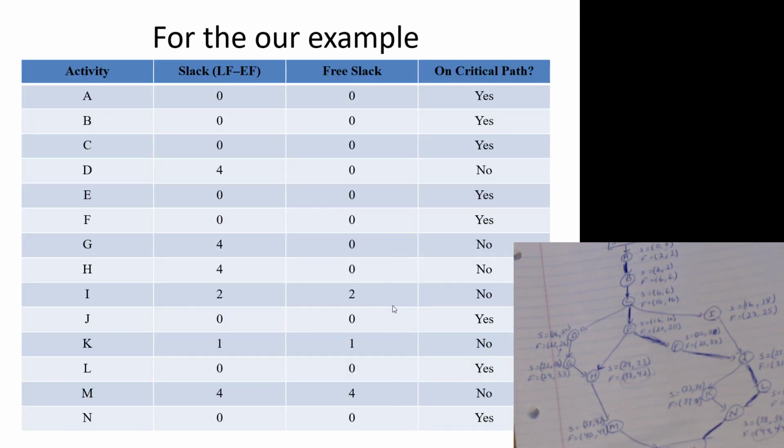And here's the answer. You can see that free slack, there's really only a few activities. We've done them all, by the way. A few activities with free slack, and that's I, that's K, and that's M. Everybody else, all the other activities, there is no free slack. However, you can see where there's slack or activity slack.